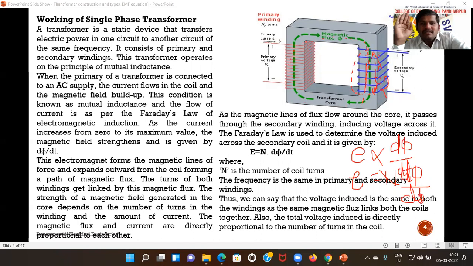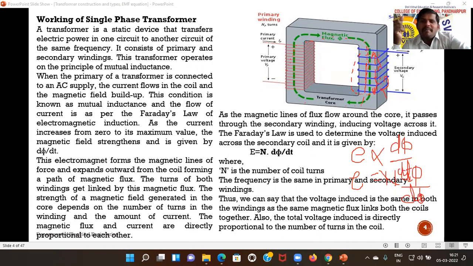At that situation, if the flux linking to both coils, that is the primary winding and the secondary winding, is the same, then the EMF induction will be the same, or the induced EMF will be the same.